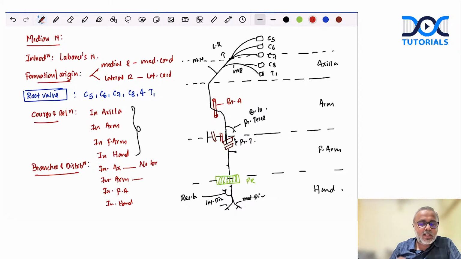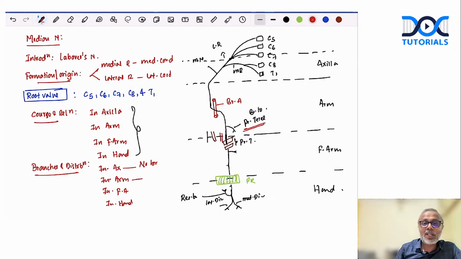In the arm, the median nerve will not supply any muscle, but it does give the branch to pronator teres before it enters the forearm. Done. This is what we need to write for the branches of the median nerve in the arm. It does not supply any muscle. Totally agree. The biceps brachii, coracobrachialis, brachialis, all are supplied by the musculocutaneous nerve. But the branch to the pronator teres arises here in the arm.